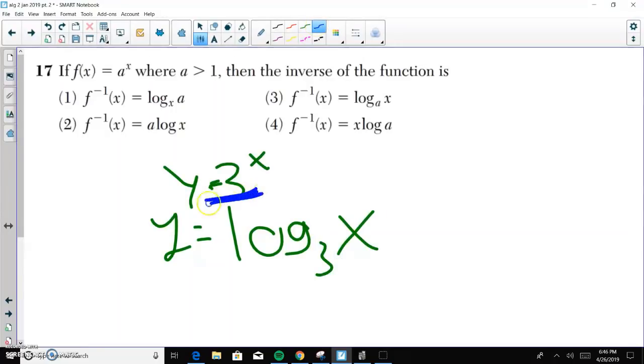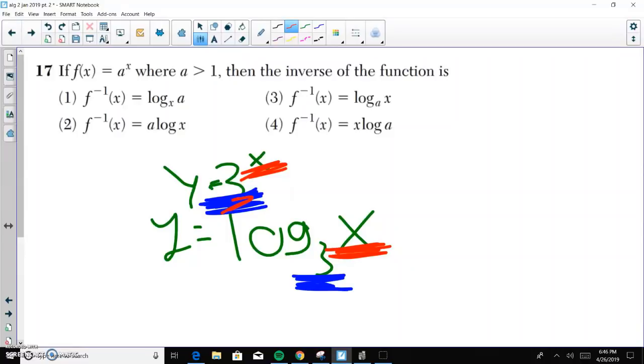So this number will be in the base place, and the exponent will be right there, just as the 3 was in this case. So using this formula, which one would be the correct answer?